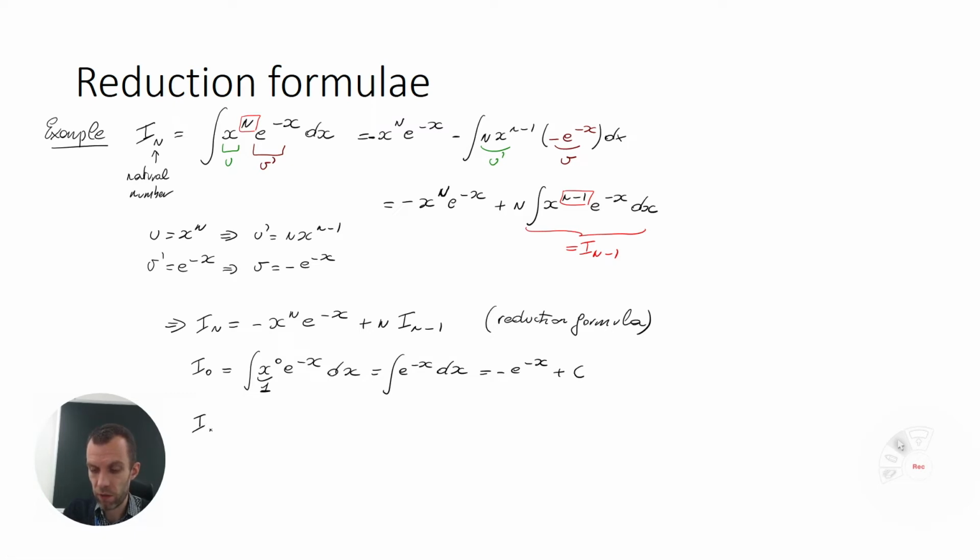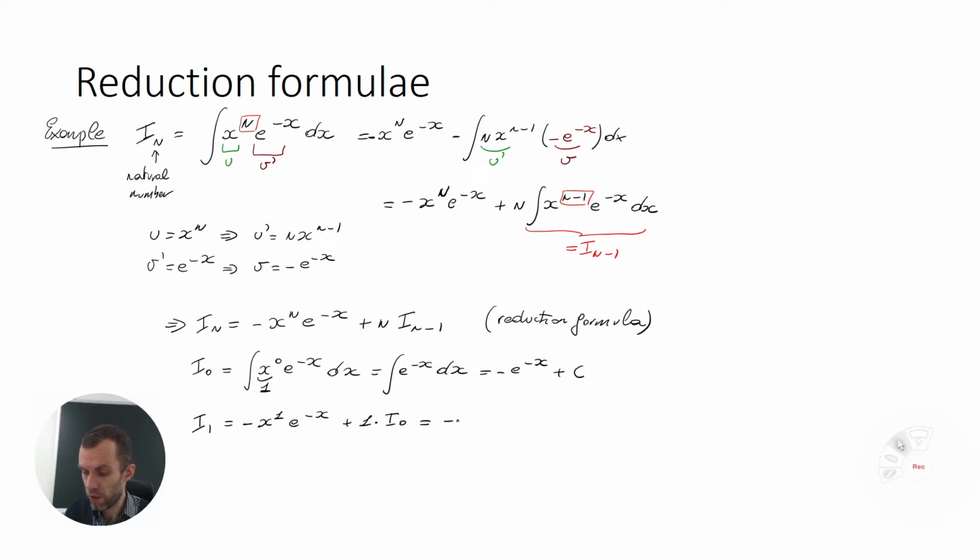So then I1 we can get with our formula. I1 is minus x to the power 1 e to the minus x plus 1 times I0, and we just calculated what I0 is.